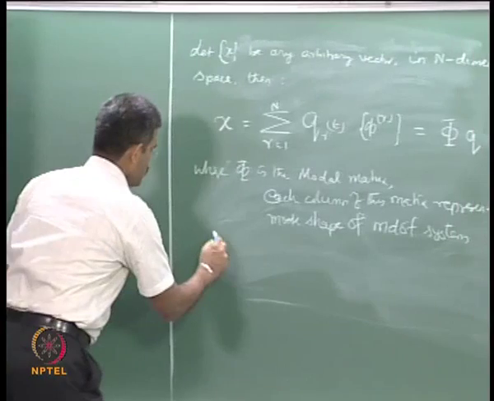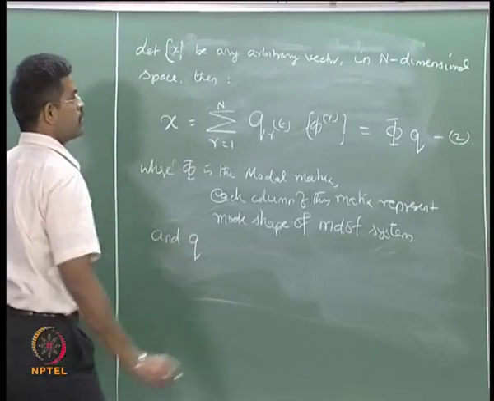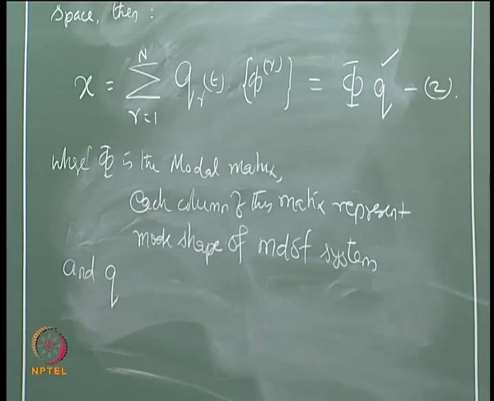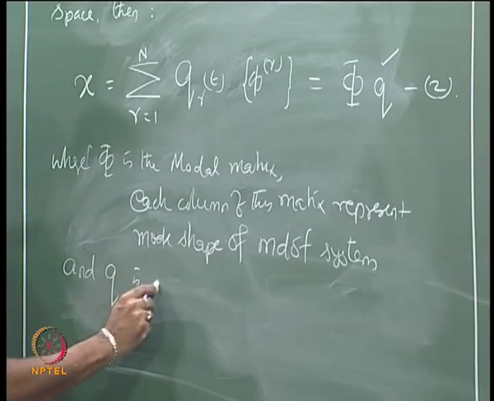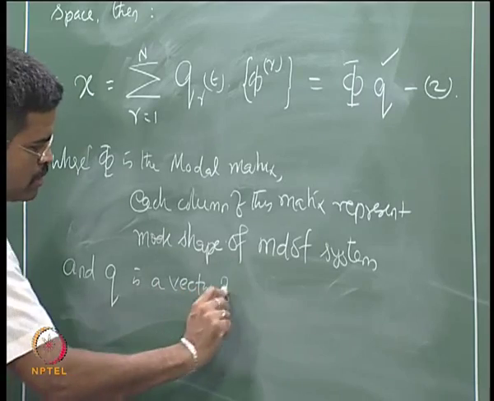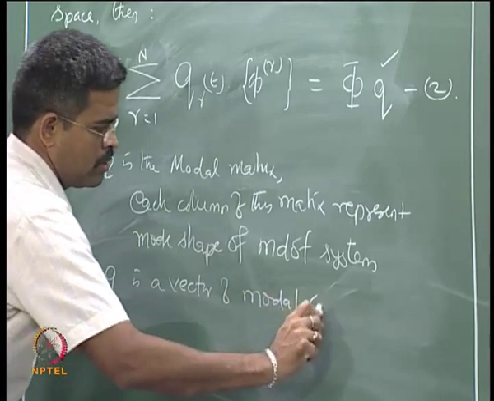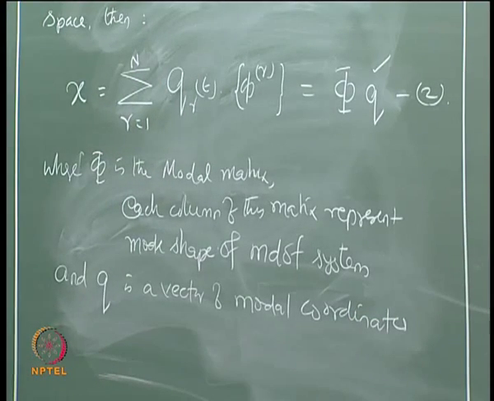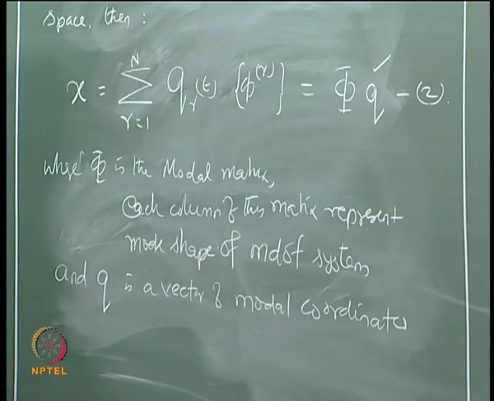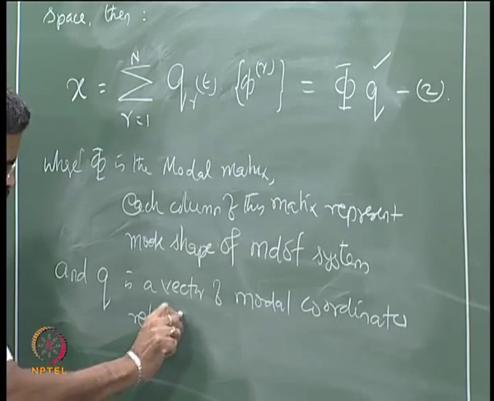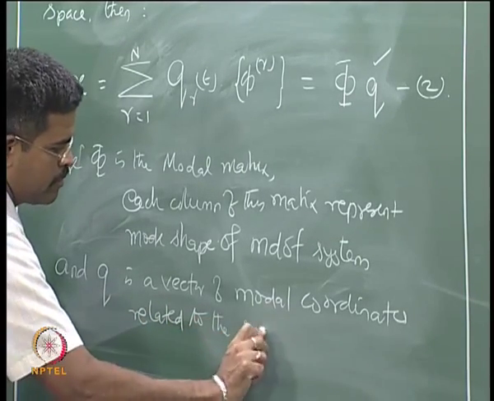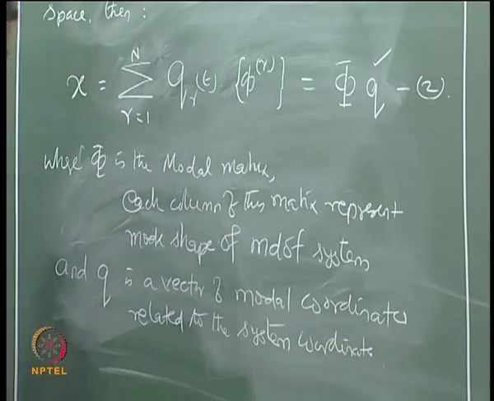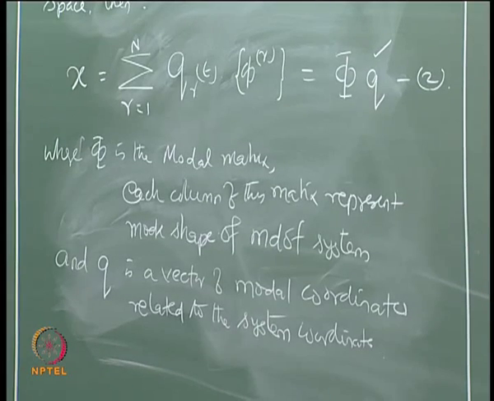And Q is a vector of modal coordinates, which relates to the system coordinates. We will come to this.